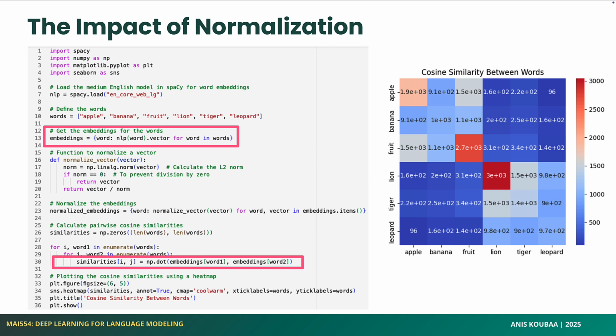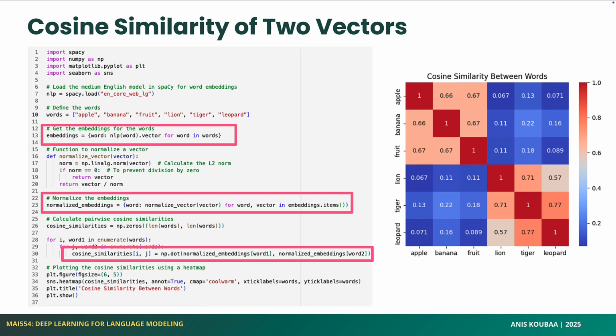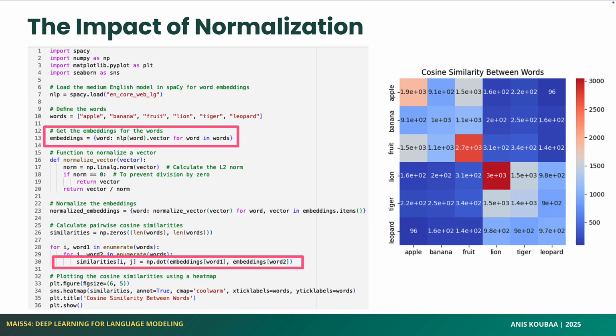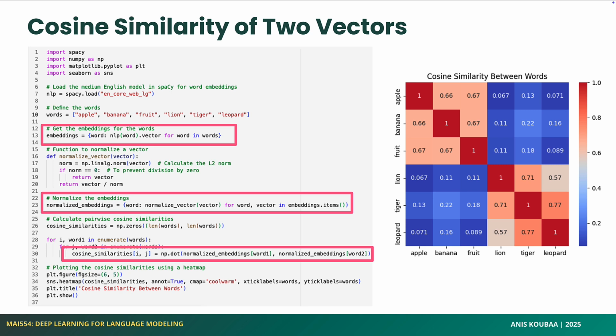Okay, this is not trusted. However this one is very consistent. Why? Because the dot product also includes the magnitude effect which doesn't actually impact the semantics. And this only cares about the angle.